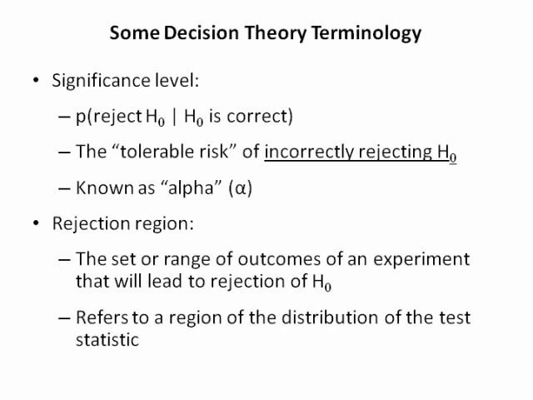So remember, I told you we typically set alpha or our p-level at 0.05. So we're saying that our tolerable risk is that 5% level. So 5% of the time, we may incorrectly reject the null hypothesis.